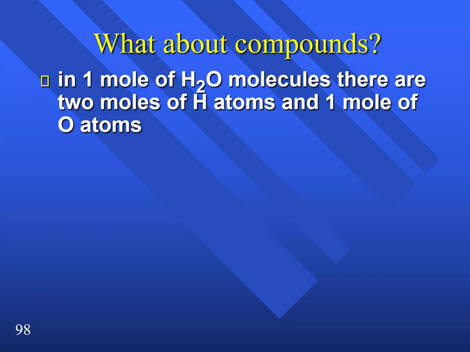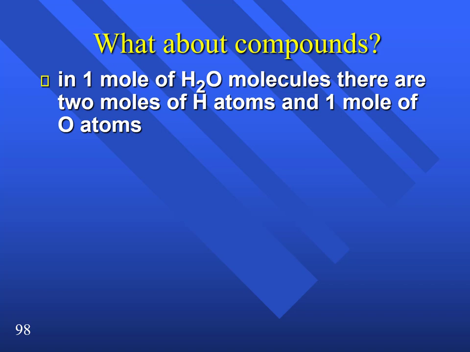In a million water molecules, there would be 2 million hydrogens, 1 million oxygens. And when I get to a really big number like Avogadro's number, in Avogadro's number of waters, there's going to be 2 times Avogadro's number of hydrogens and 1 times Avogadro's number of oxygens, which is easier to say as in 1 mole of water, there's 2 moles of hydrogen and 1 mole of oxygen. Are we okay with that?